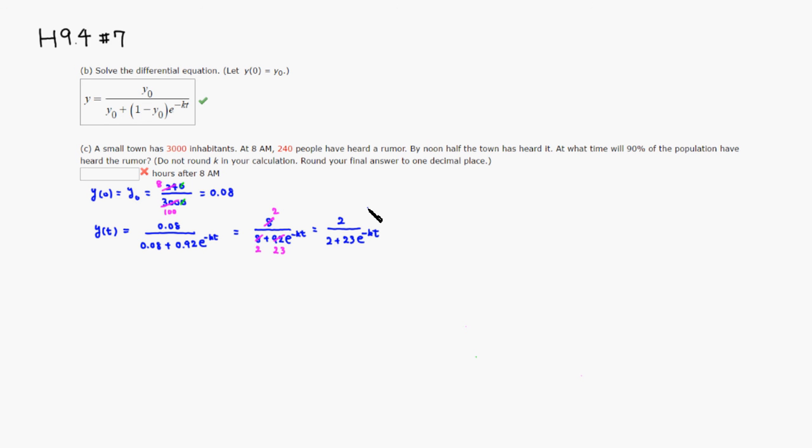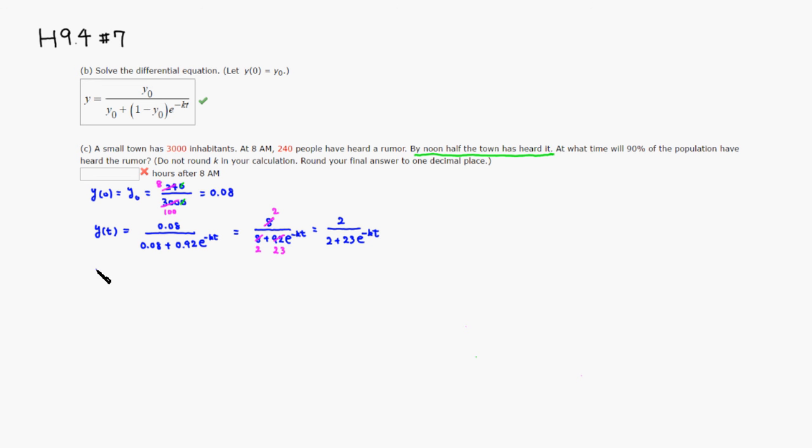Then it says right here, by noon half the town has heard it. So from 8 a.m. to noon, 4 hours passed.